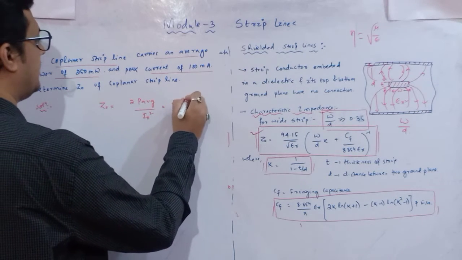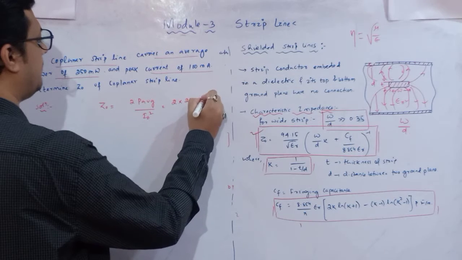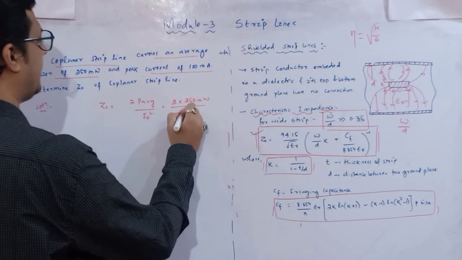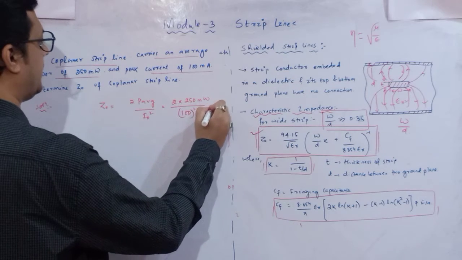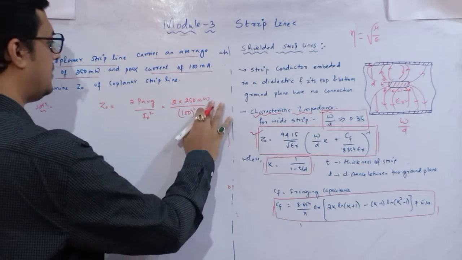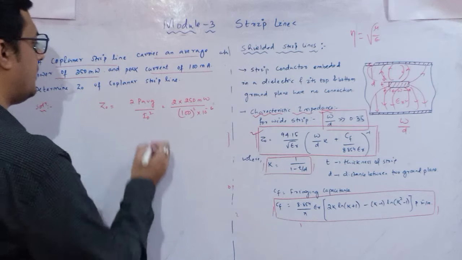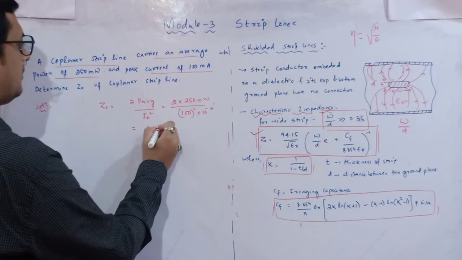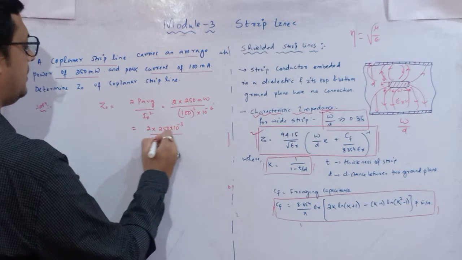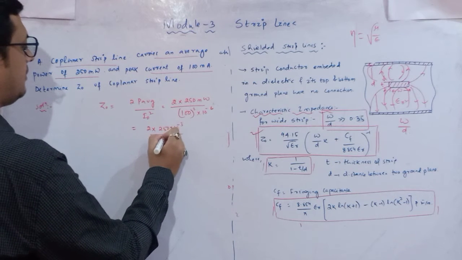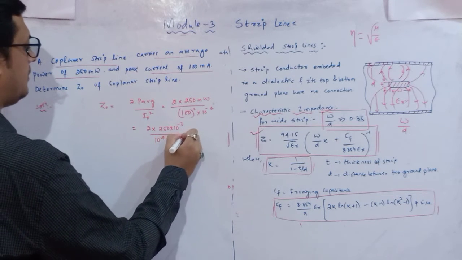So twice into 250 milliwatt divided by I0 square, which is 100 square into 10 to the power minus 12. Milli means it is minus 6 that will come. So 2 into 250 into 10 to the power minus 3, divided by 10 to the power 4 into 10 to the power minus 6.